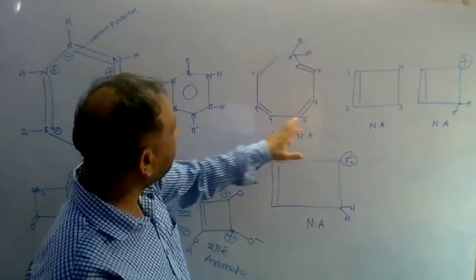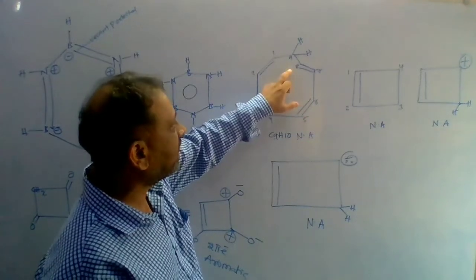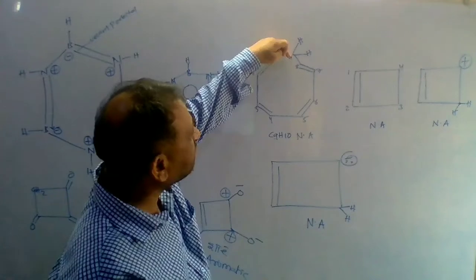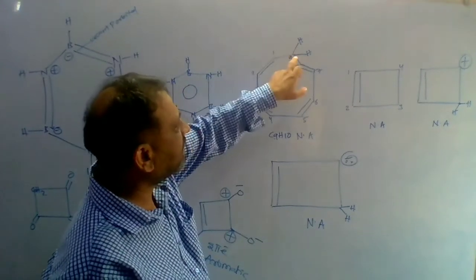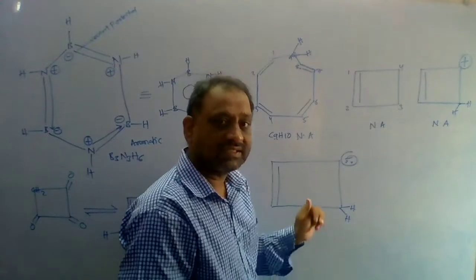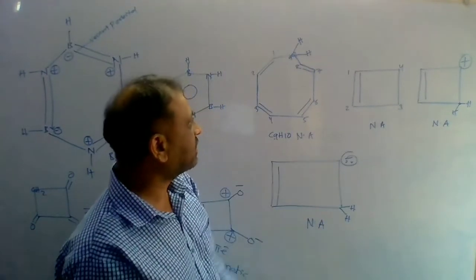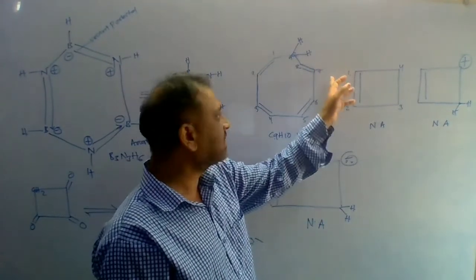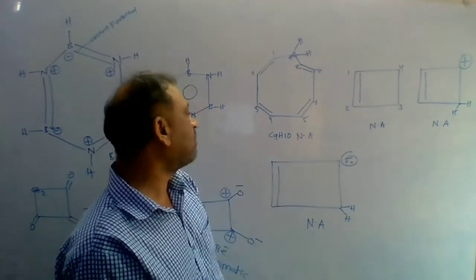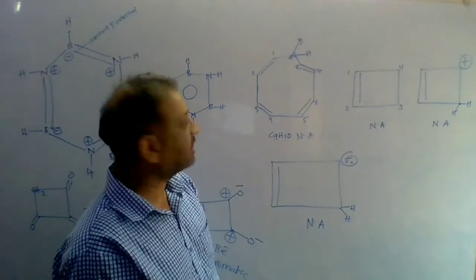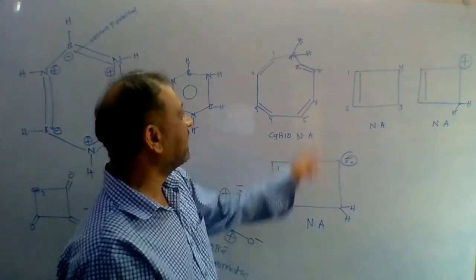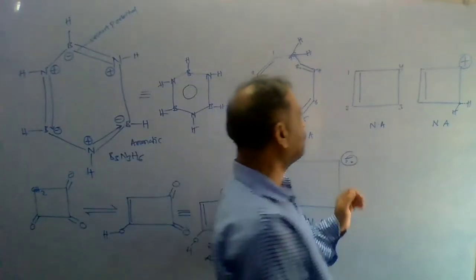Here 8 pi electrons are involved in delocalization, but there is no complete delocalization of electrons, because one carbon is sp3 hybridized. So this molecule has a non-planar structure, hence it is a non-aromatic compound. C9H10, cyclononatetraene, is a non-aromatic compound.